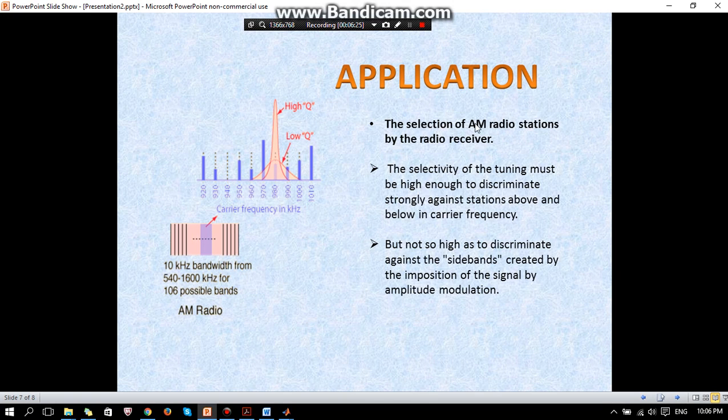Application: the selection application of the quality factor. The selection of an AM radio station by a radio receiver. The selectivity of the tuning must be high enough to discriminate strongly against stations above and below in carrier frequency, but not so high as to discriminate against the sidebands created by the imposition of the signal by amplitude modulation.